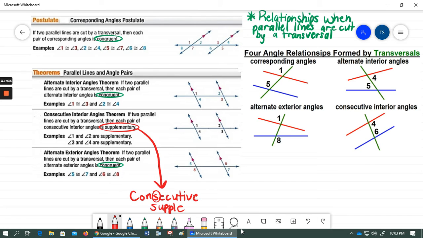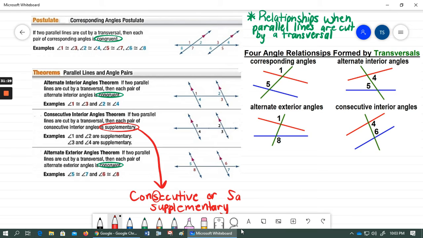That's how I originally started remembering it. And of course, I know it by heart, I'm a math teacher. But anyway, that's how I originally started remembering the one pair here that is not congruent. Okay, that's supplementary.